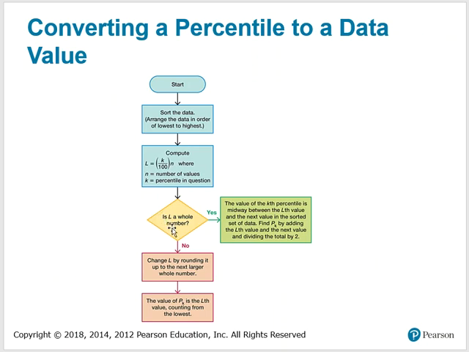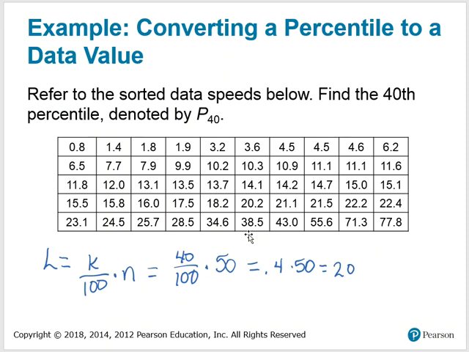So it says, is L a whole number? 20 is a whole number, so the answer is yes. So the value of the kth percentile is midway between the 20th value and the next value in the sorted set of data. Add the 20th value and the next value and divide by 2. So we're going to go find the 20th, and the 20th number is actually 11.6.